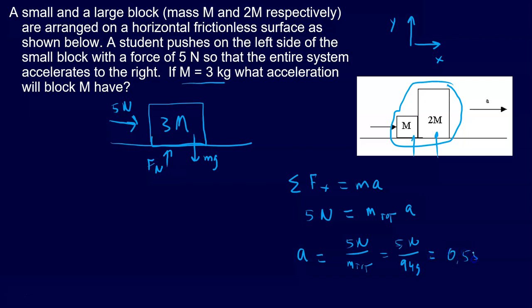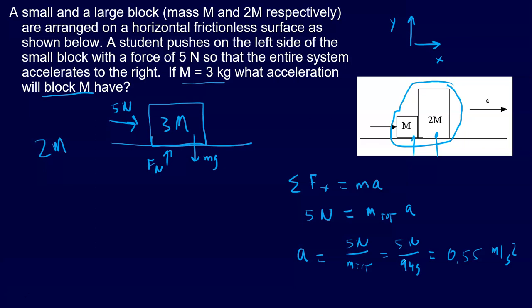When I did this with my calculator, I got 0.55 meters per second squared. Because we know they have the same acceleration, this is the answer for block M. And if this question asked the acceleration of block 2M, it's the same thing. So by using that acceleration constraint, I can find this out pretty nicely.